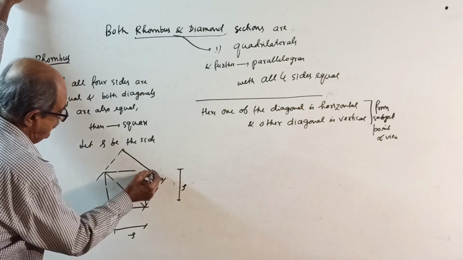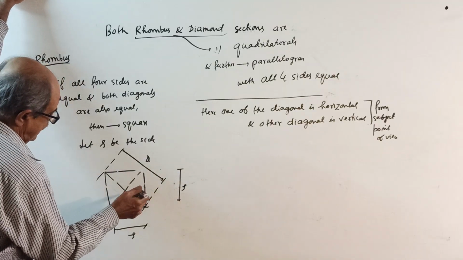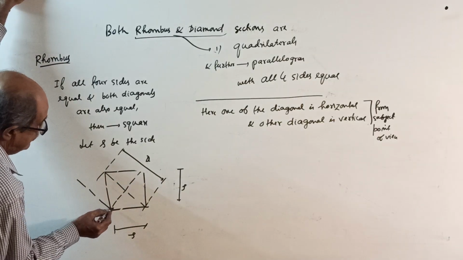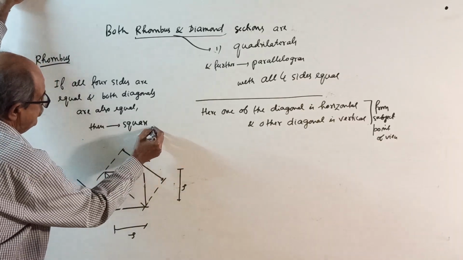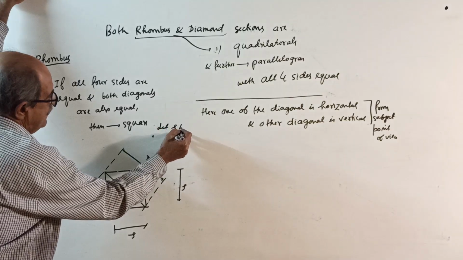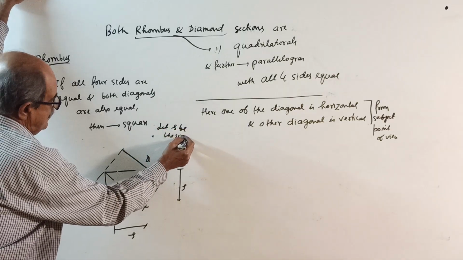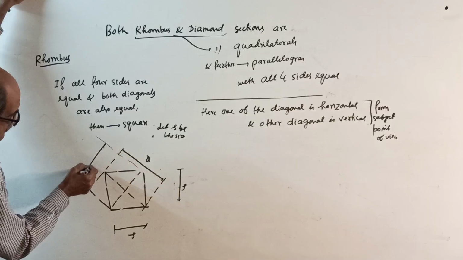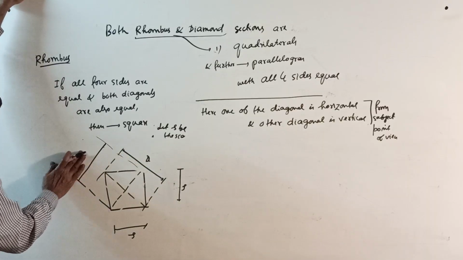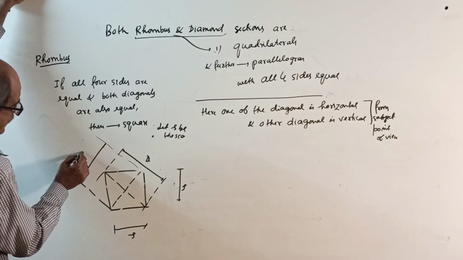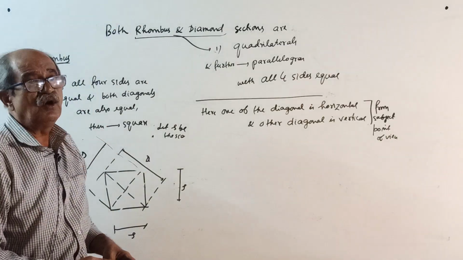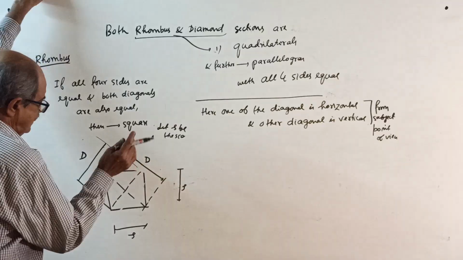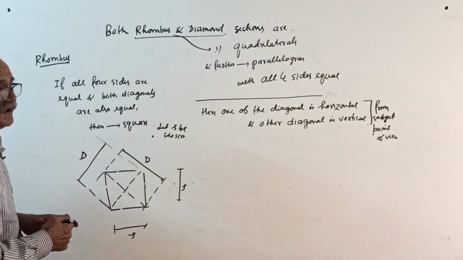This is the diagonal, I will take D, and the other diagonal is this one. Let S be the side. The other diagonal is here. This is diagonal D. I won't use small d because small d I am using for depth. This is the diagonal D. This is the diamond section, rhombus section.